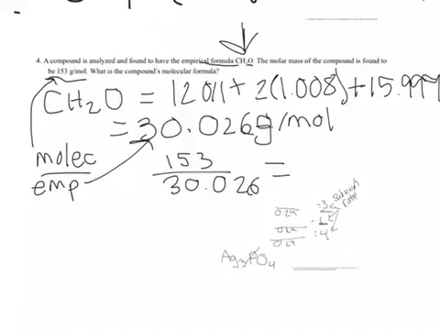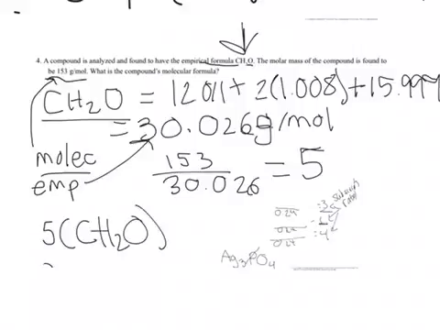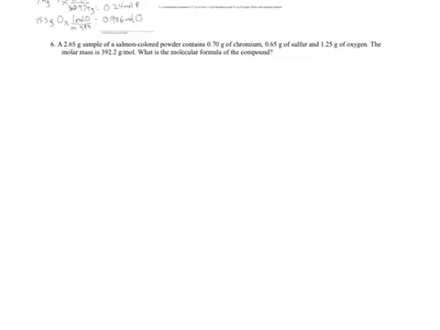When you divide, that gives you 5, which is what you are going to multiply each of the subscripts by from the empirical formula. So the molecular formula is 5 times larger than the empirical, so multiply that out. Your answer is C5H10O5.